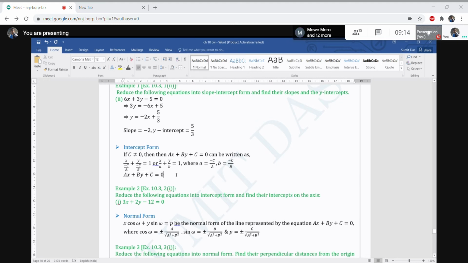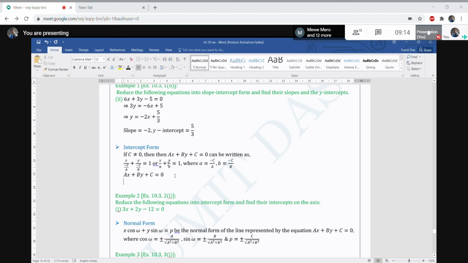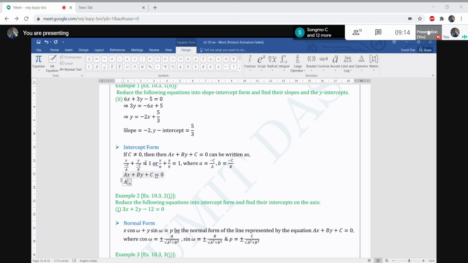Okay, now whenever you get the equation, what you have to do? You have to take this constant part c to the right hand side. So I'll write here ax plus by equal to minus c.